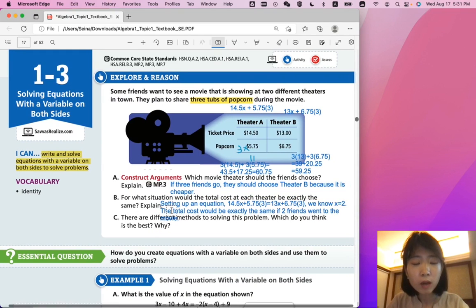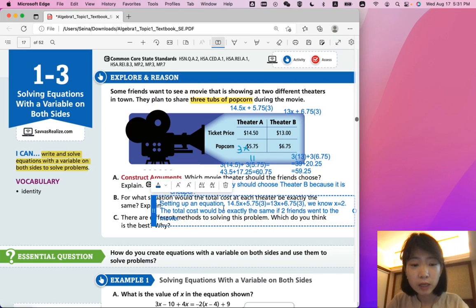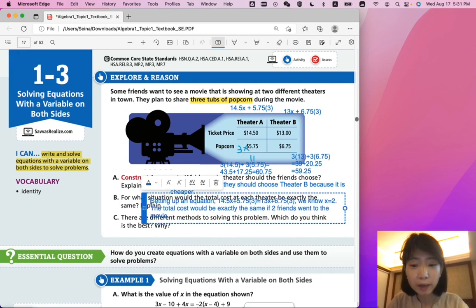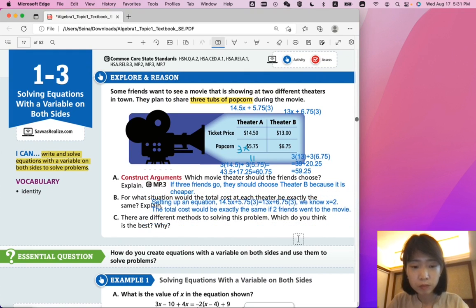Okay. See, there are different methods to solving this problem. Which do you think is the best? Why? You can look at the tables and maybe add them all up individually, or you can write equations like this. It is very efficient to write equations, and that is why we're learning it, right?